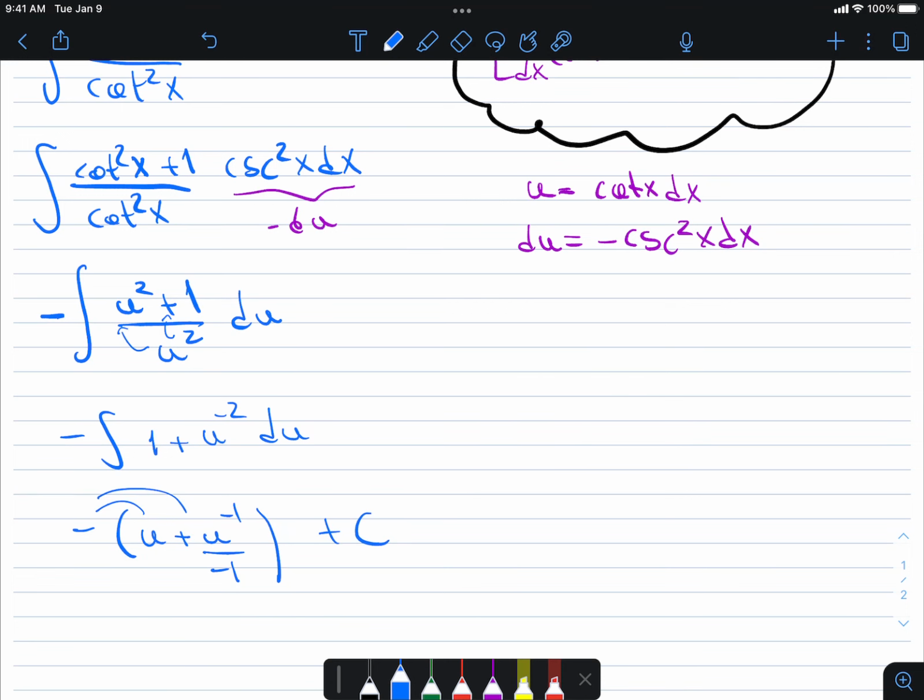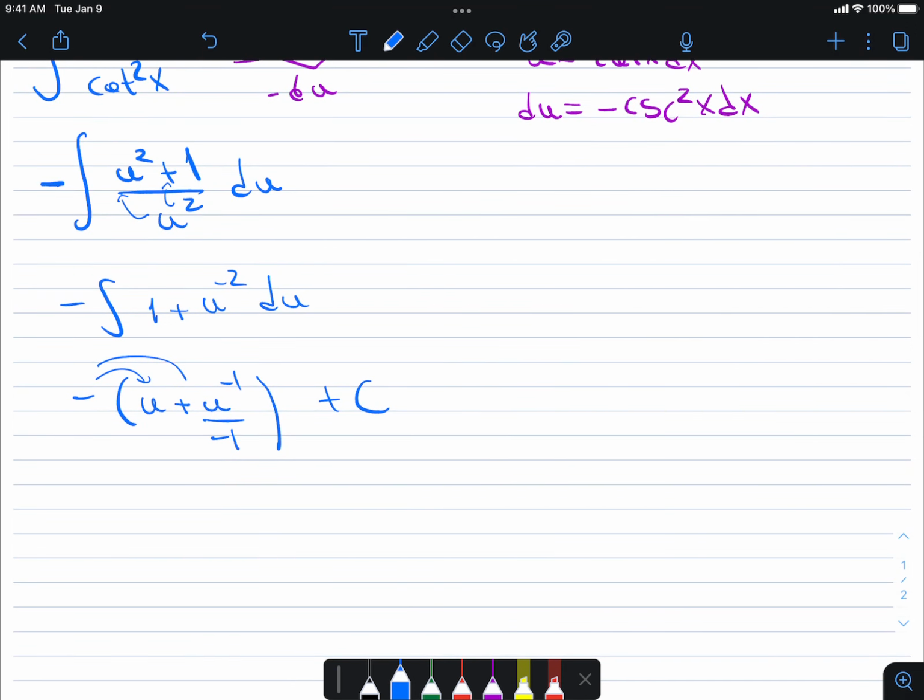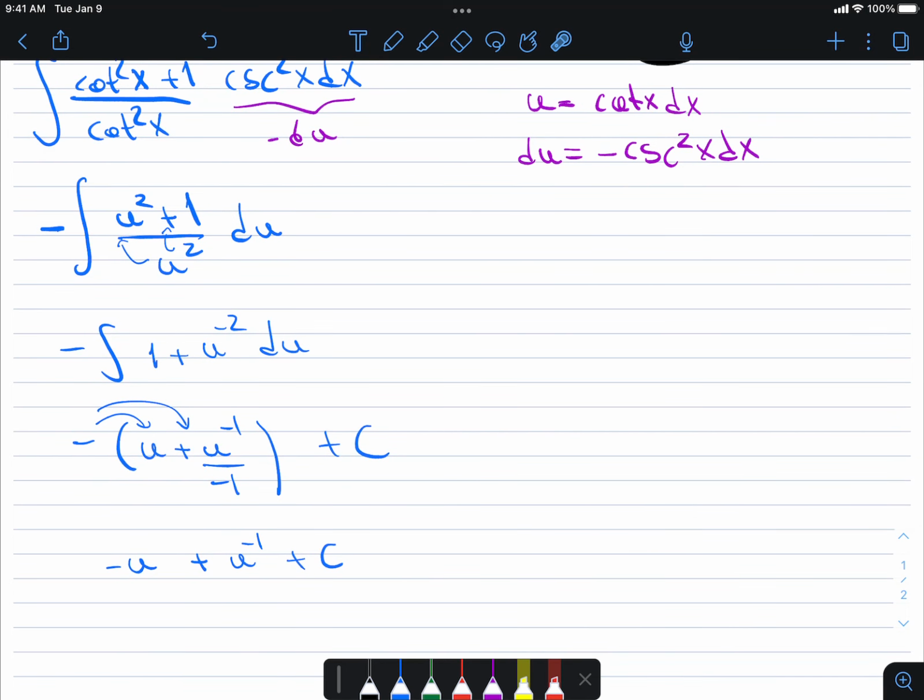Distributive property to the minus sign. Don't forget to add the constant at the end. It's minus u, and then plus u to the negative 1, plus c. And remember that u was the cotangent, so we have minus the cotangent x plus 1 over the cotangent x plus c.